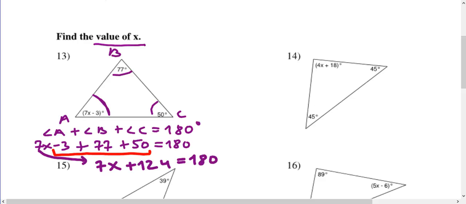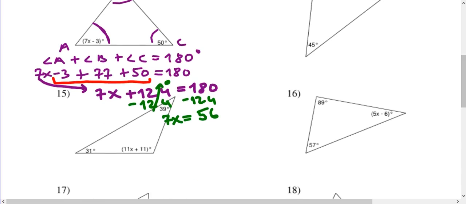And then at this point, you will subtract 124. Sorry, I'm writing over the next question, but you can write at some other space. 124 here, so this is equal to 0. So I will have 7x on the left side and 180 minus 124, which turns out to be 56.